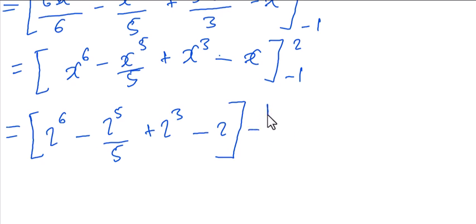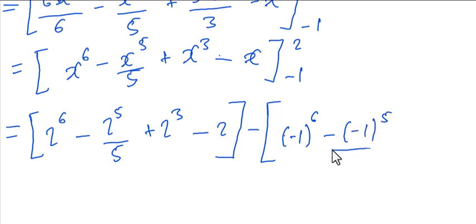Then on the other side we're going to have negative 1 to the power 6 minus negative 1 to the power 5 over 5, then plus negative 1 to the power 3.